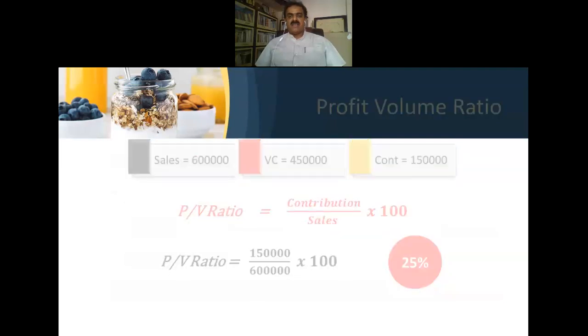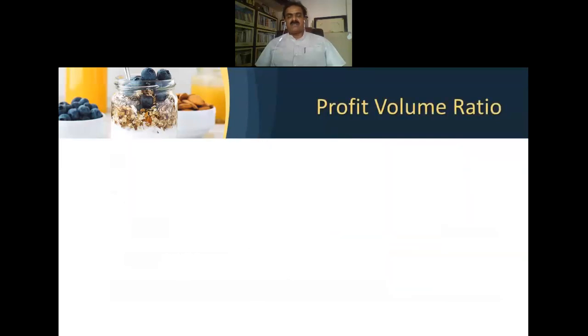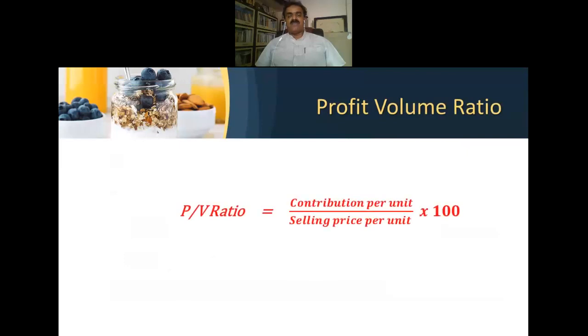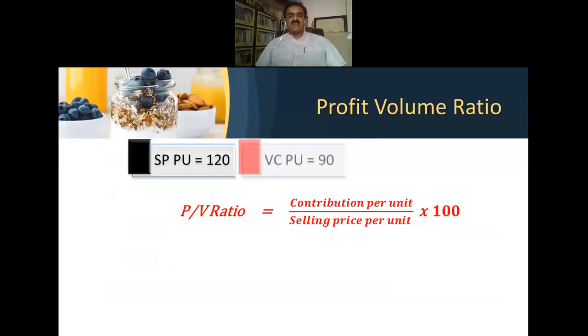Then, calculation of PV ratio if per unit data is given. See, in this problem we are aware of the per unit values. So PV ratio can also be calculated as contribution per unit over selling price per unit into 100. You know that the selling price per unit given in the question is 120 rupees, whereas the variable cost per unit is given as 90 rupees.